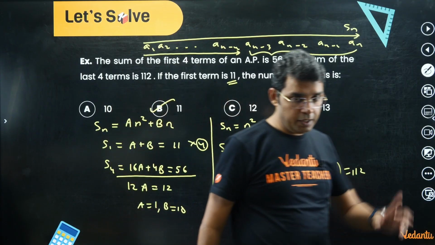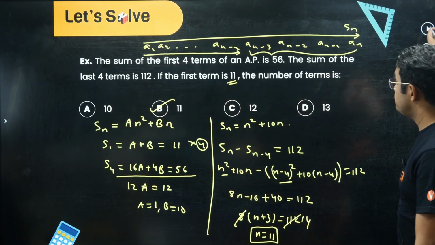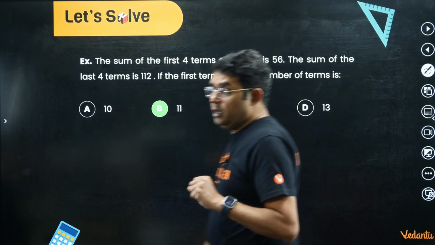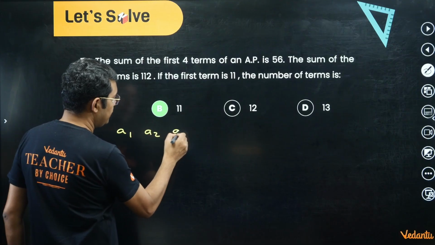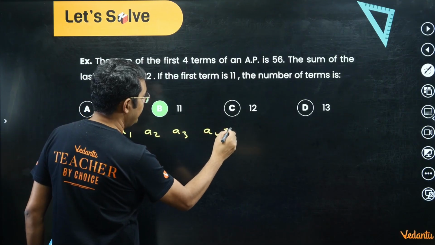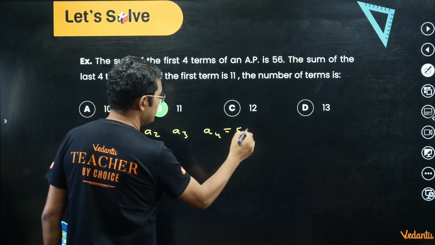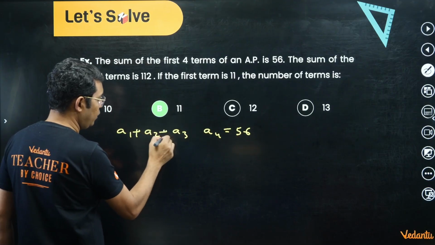That is one method. Now another method, please listen carefully, would be, let me take first 4 terms A1, A2, A3, A4, and their sum is equal to 56, where we know A1 already.